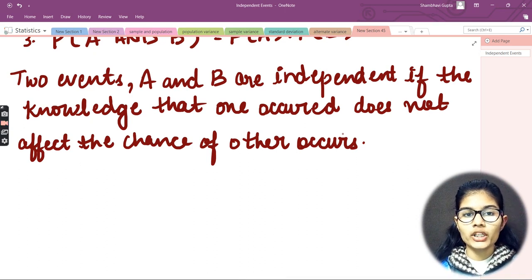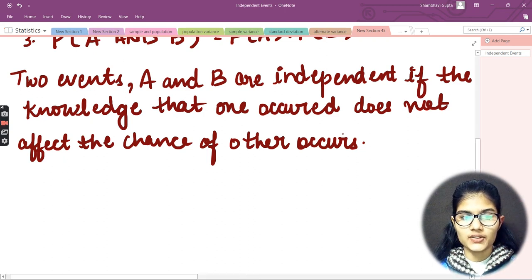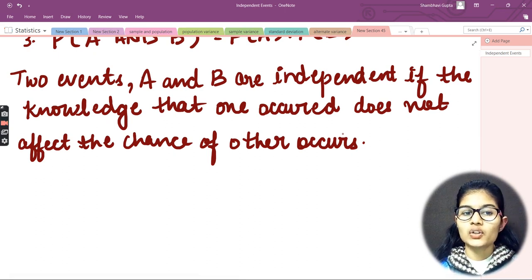Listen to me: it means that knowing one event has occurred does not affect the chance of the other occurring. In that case, A and B are said to be independent. This is what independence means.